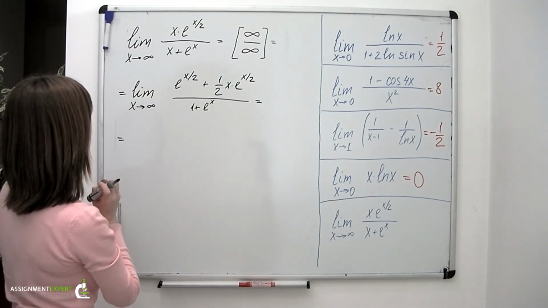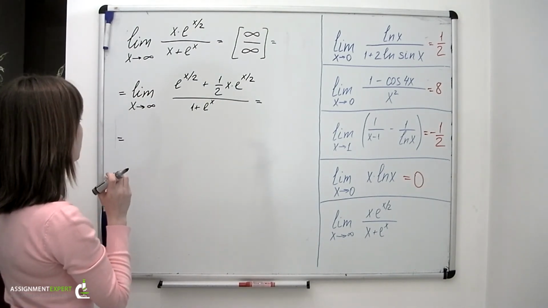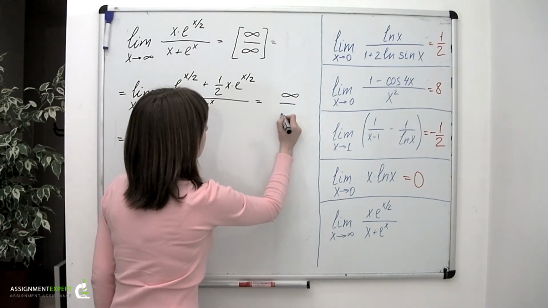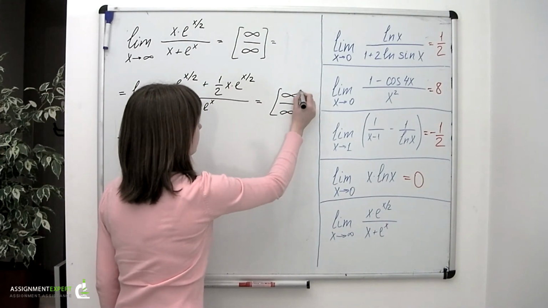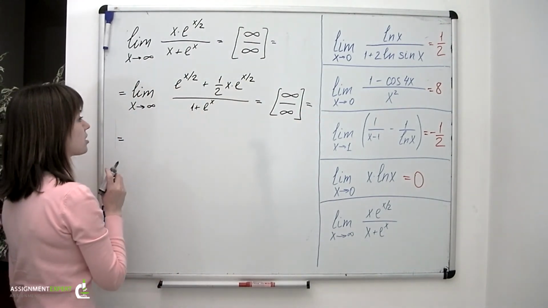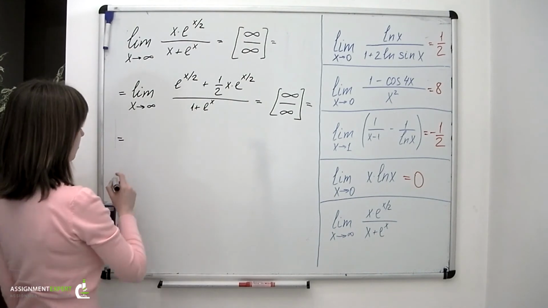And if we look at it, we'll see that we still have this indeterminate quotient, infinity over infinity. So this means that we have to apply L'Hopital's rule one more time.